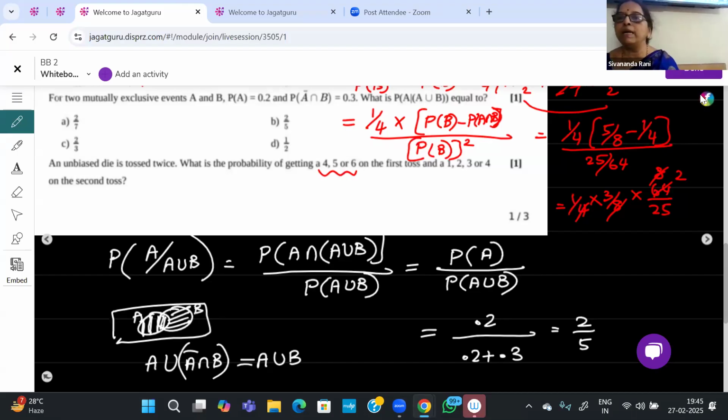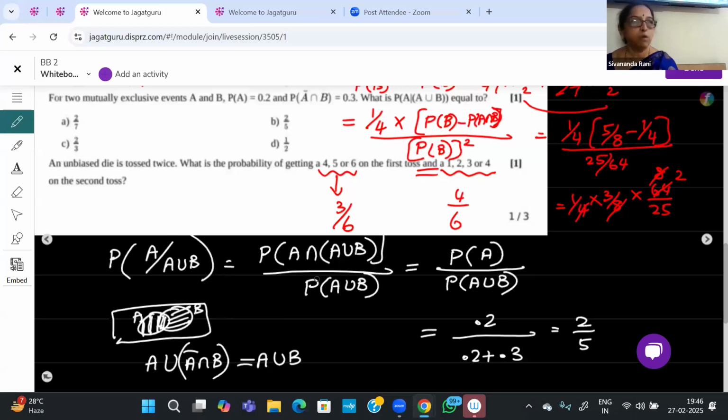So what is the probability for you to get 4 or 5 or 6? 3 by 6. What is the probability of getting 1, 2, 3, 4? 4 by 6. I want these in the first toss and these in the second toss.